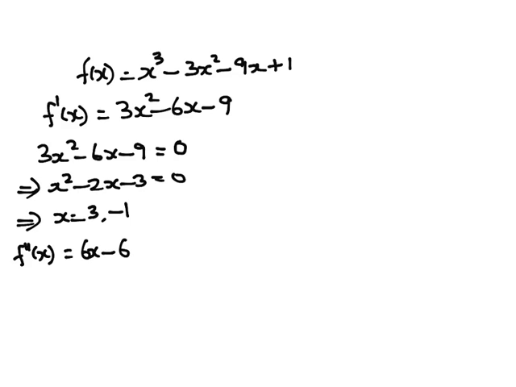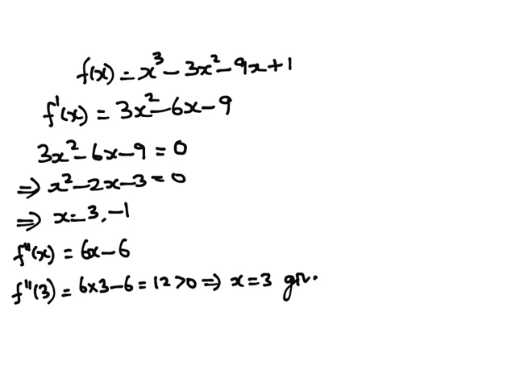Let me put 3 first in the second derivative. f double dash of 3 is 6 into 3 minus 6, which is 12, so positive. Which means x equal to 3 gives local minima, right? Okay, let me substitute minus 1 in the second derivative. So f double dash of minus 1 is 6 into minus 1 minus 6, which is minus 12, less than 0.